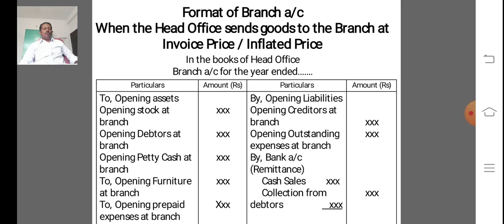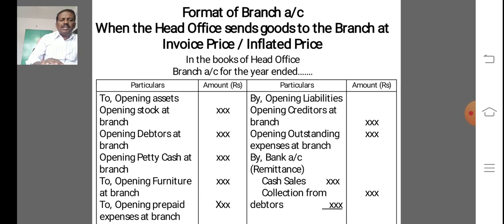So the load as a percentage of invoice price would be 20%, that is 25 divided by 125 into 100 is equal to 20. So when the head office sends goods to the branch at invoice price or inflated price, the following format will be prepared.